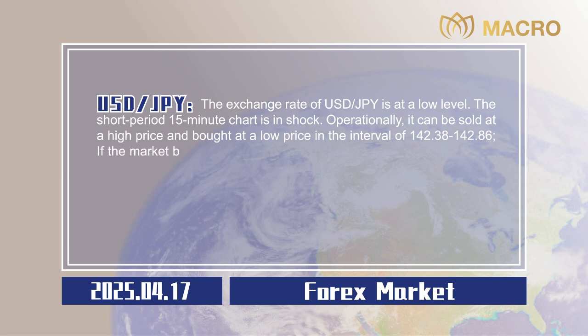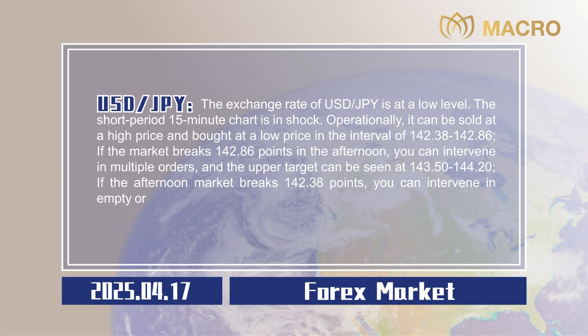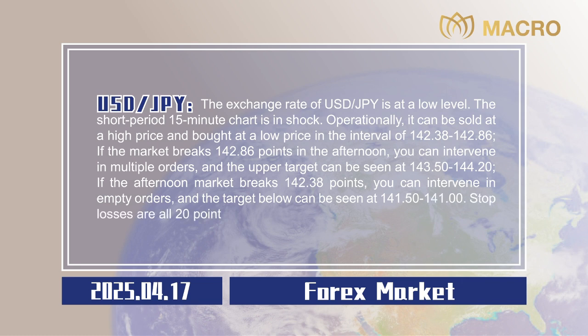If the market breaks 142.86 points in the afternoon, you can intervene in multiple orders, and the upper target can be seen at 143.50 to 144.20. If the afternoon market breaks 142.38 points, you can intervene in empty orders, and the target below can be seen at 141.50 to 141.00. Stop losses are all 20 points, 0.20.